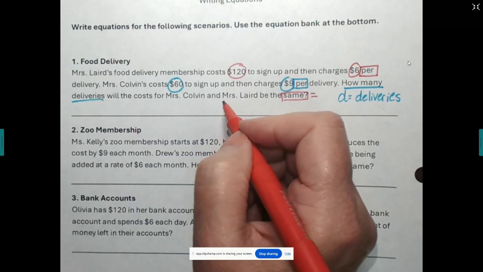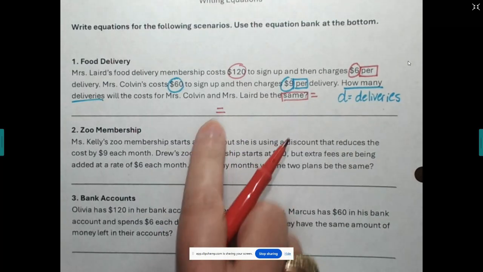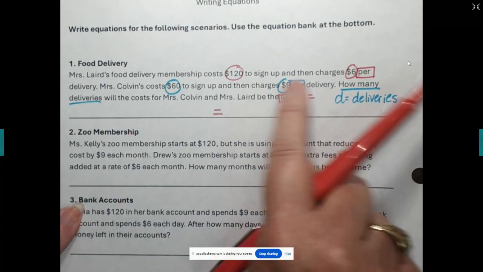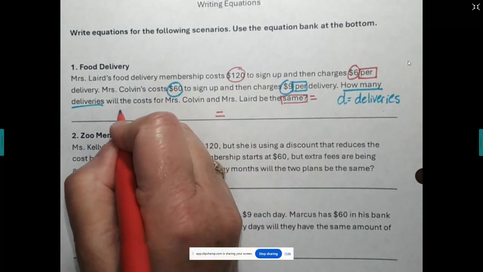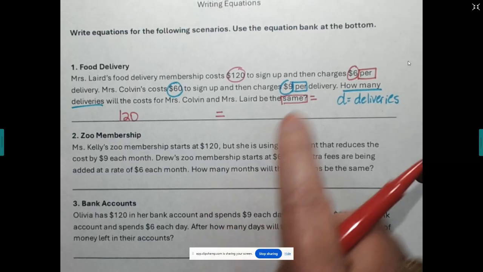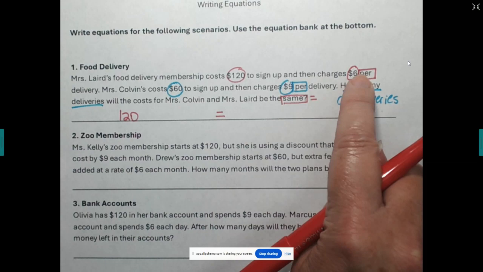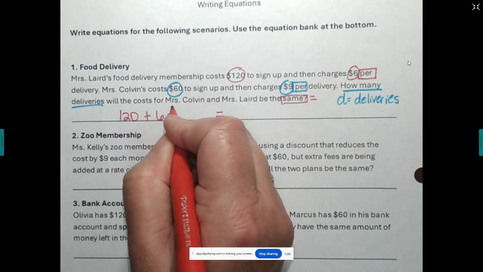So when I put this stuff together, I'm going to make sure that I set them equal to each other. For the red side of the equation, I'm going to do $120 startup cost for Miss Laird's service, and then $6 per. That per tells me to attach the 6 to the variable.